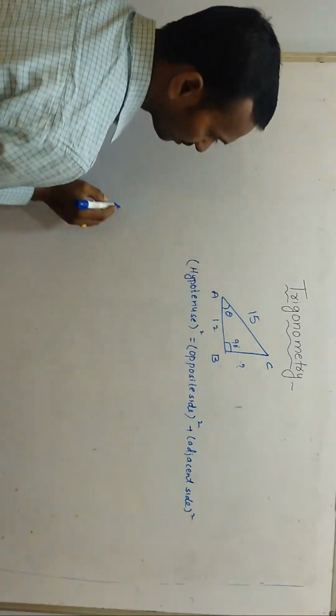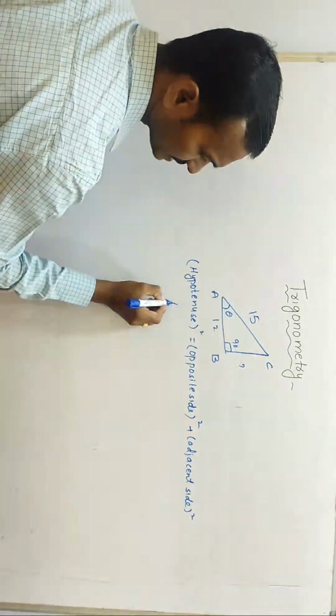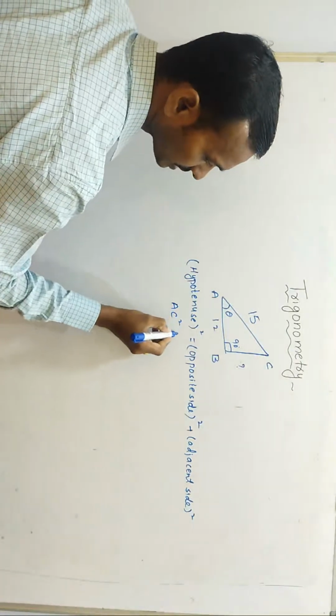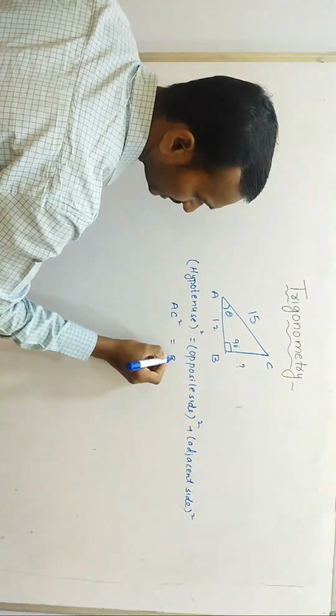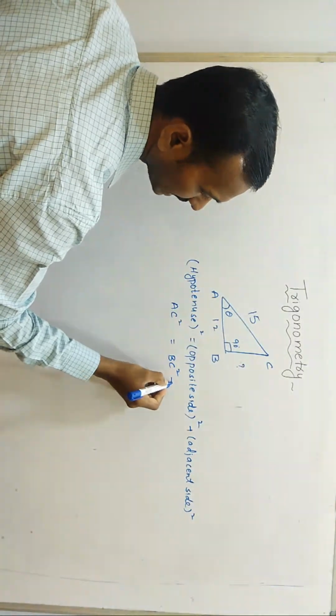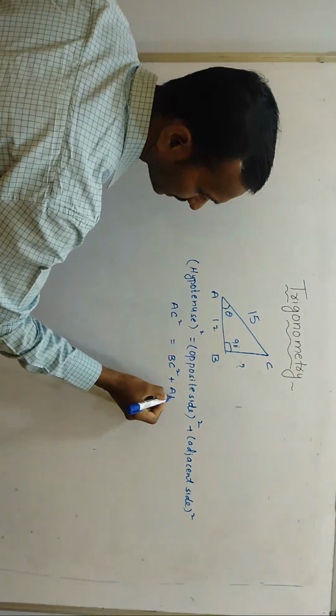So we use this formula. Here the hypotenuse is AC. AC square is equal to the opposite, which is BC square, and the adjacent, which is AB square.